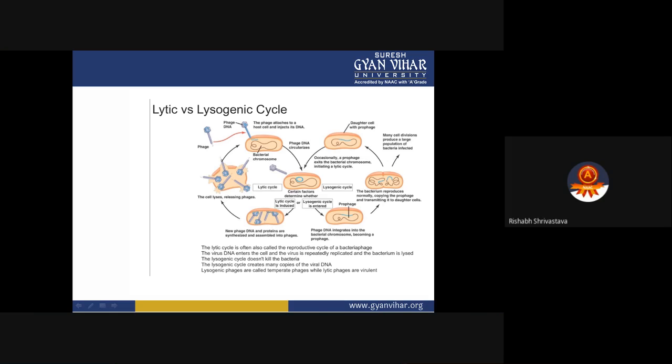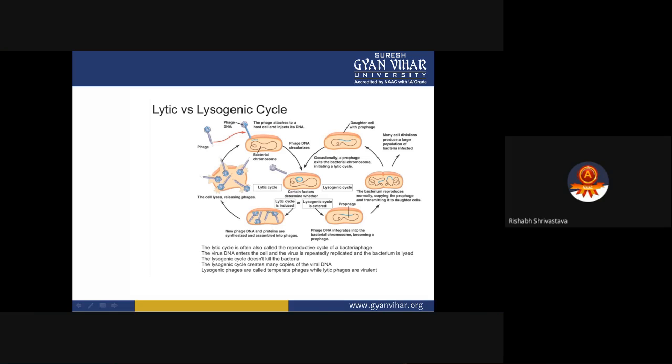Here, DNA replication and protein synthesis take place. The DNA makes many copies of itself inside the cell using the host cellular machinery. It prepares the capsid proteins. Then it is going to assemble these viruses inside the bacterial cell.